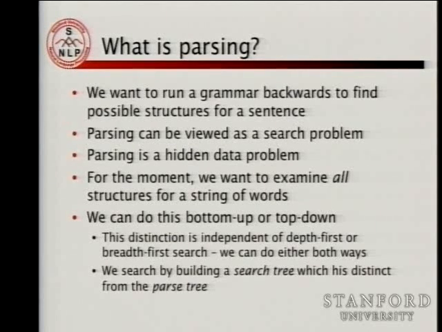Let me start with those words. Sydney is a proper noun. Let me turn it into a proper noun and work upwards. Those are referred to as top-down parsing and bottom-up parsing, for which direction you go. And that choice of top-down or bottom-up parsing is independent from the search strategy of whether you do breadth first or depth first parsing, and you can do any combination of those things that you want.